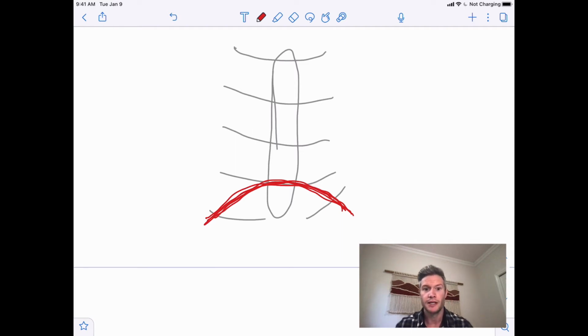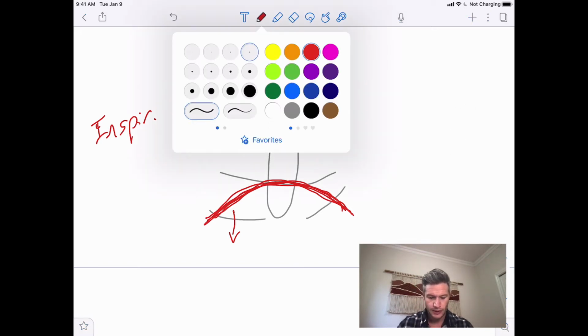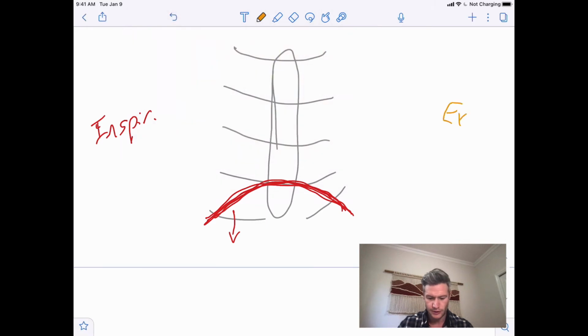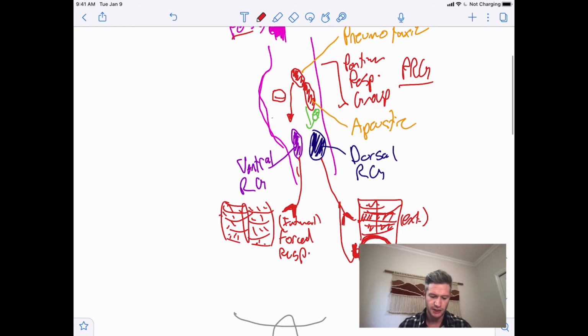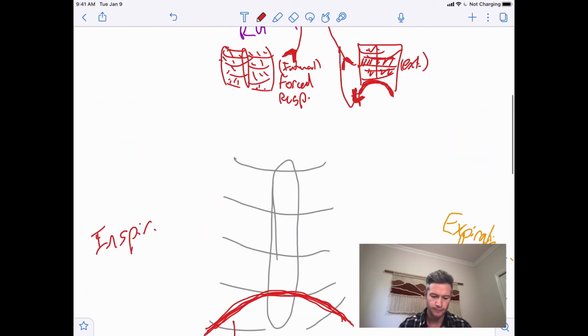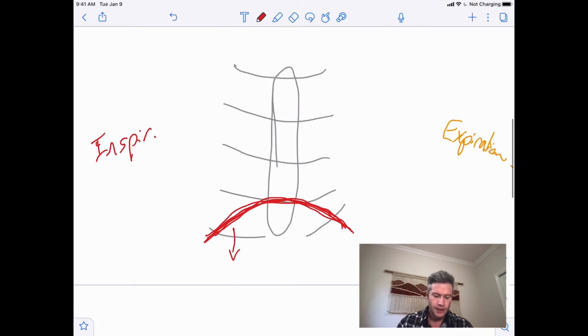And so when we go to breathe in, the diaphragm descends. So let's say inspiration here. With inspiration, the diaphragm contracts and lowers, and that's driven from our respiratory centers, in particular the dorsal respiratory group. So it descends.